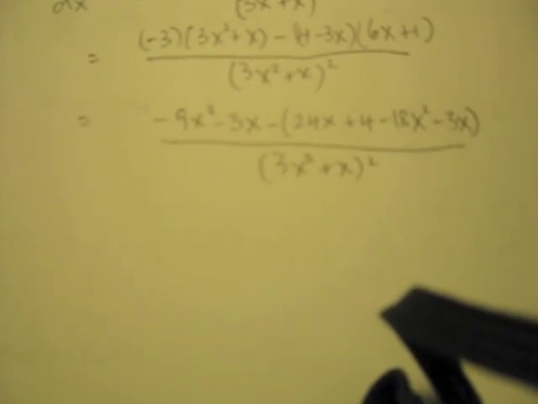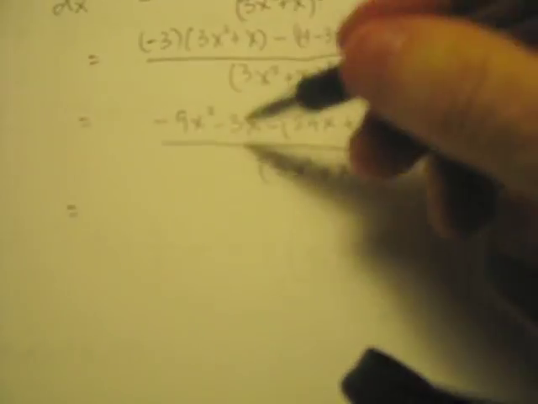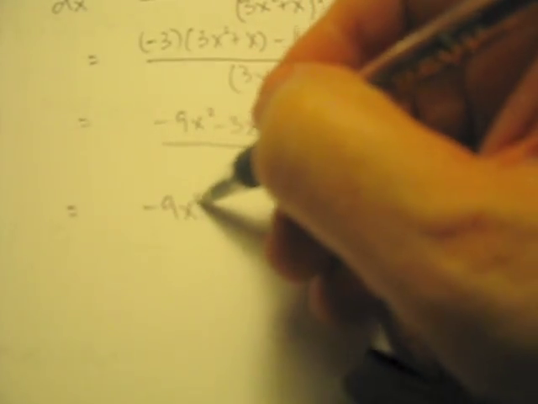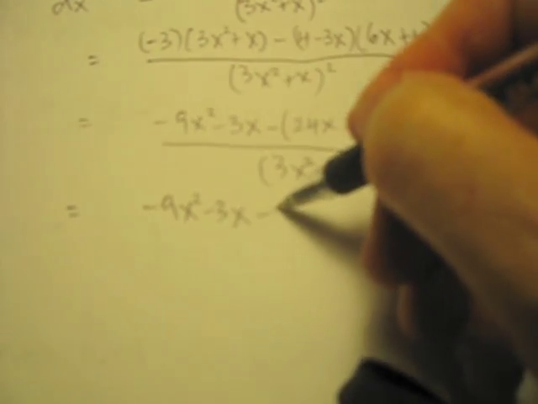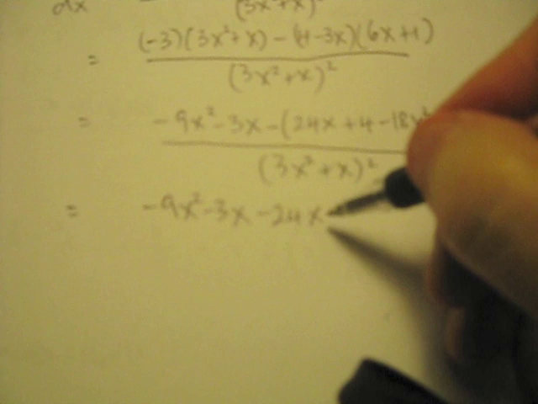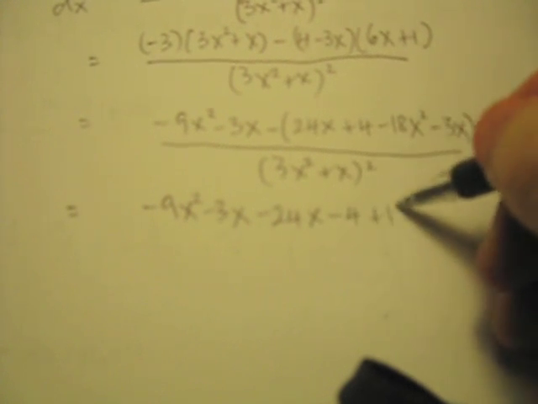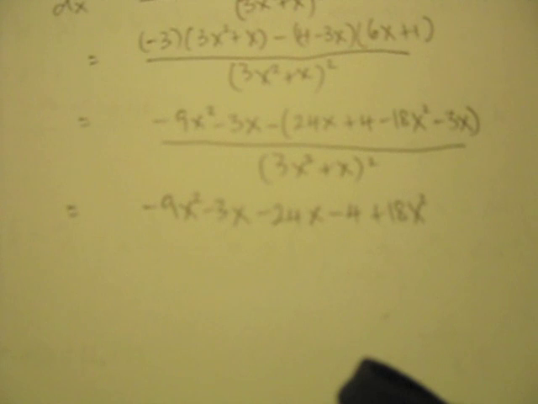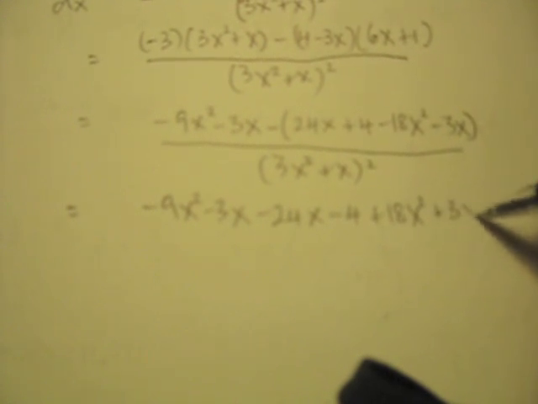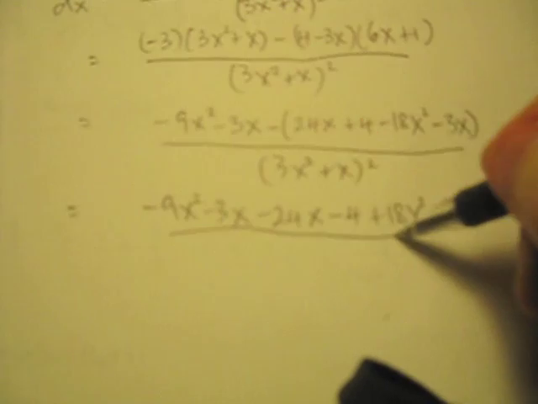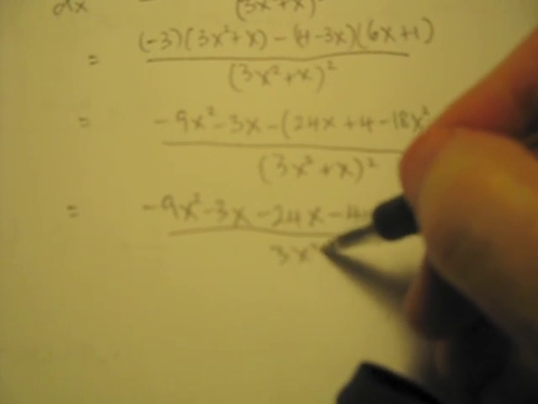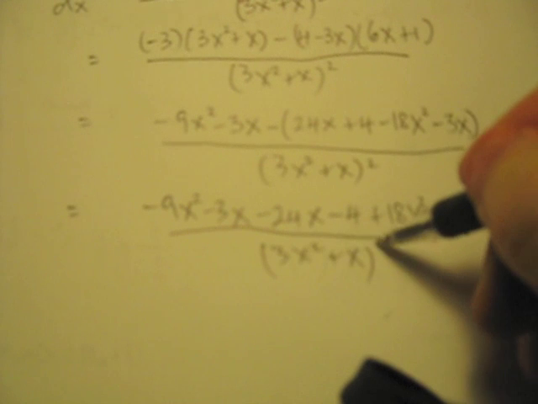Alright, now we have to distribute that negative sign, so I have negative 9x squared minus 3x minus 24x minus 4 plus 18x squared plus 3x, and this will be all over (3x squared plus x) all squared.